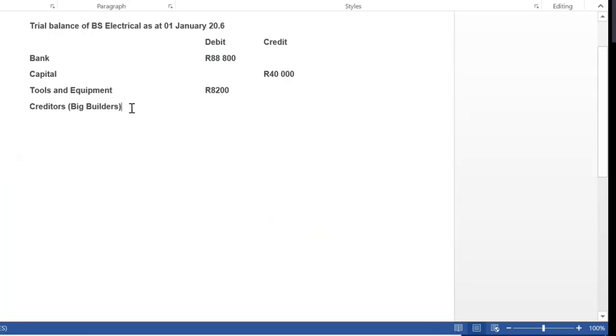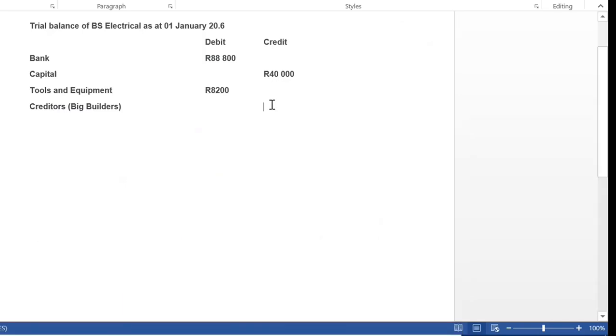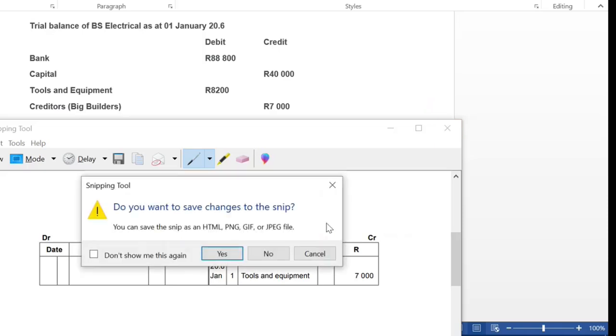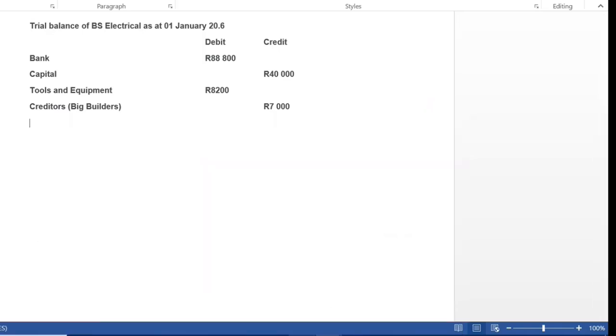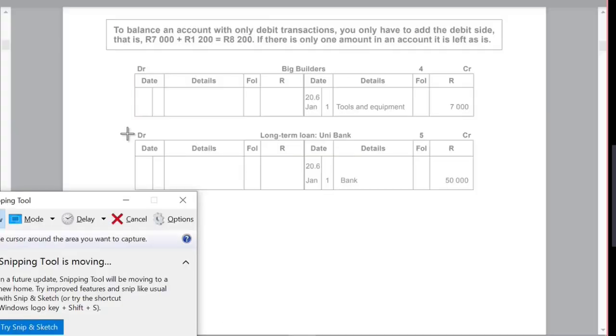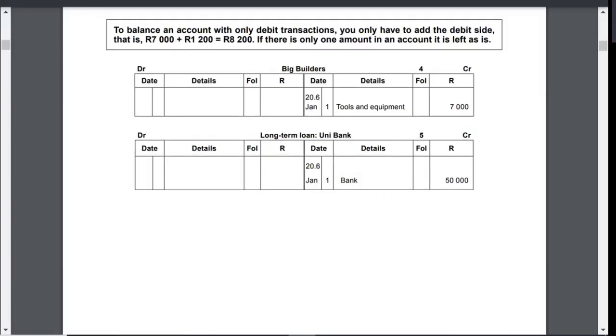We're going to put it on the credit side, 7,000. And then another account is long-term loan.